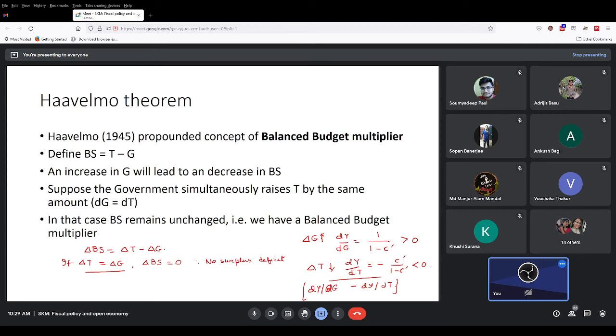That means if you increase government spending by 200, you should also increase taxes by 200. In that case, the budget surplus will remain unchanged. We have a balanced budget multiplier. Now, what is the balanced budget multiplier?